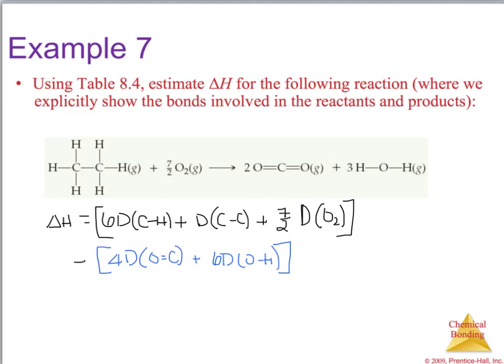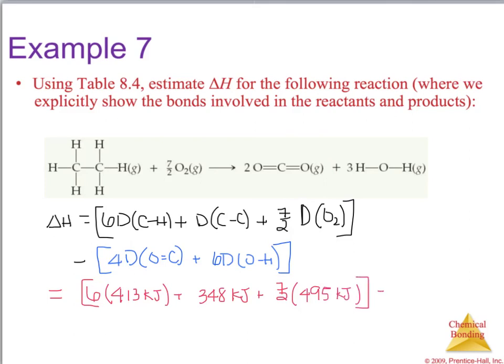Now, if I go and I plug in the values that are given, again, based on that table, I end up with 6 times 413 kilojoules plus 1 times 348 kilojoules plus 7 halves times 495 kilojoules.